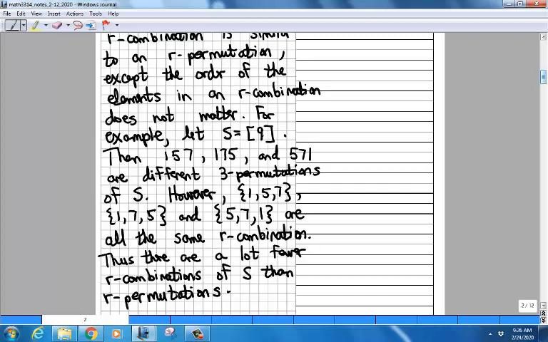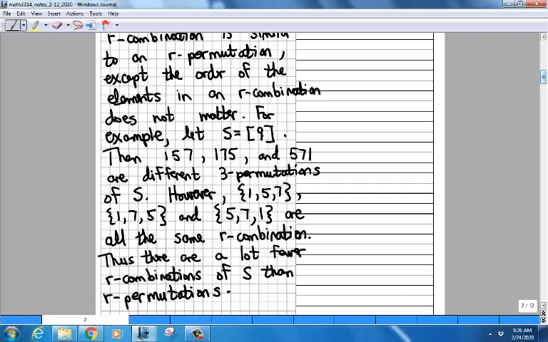For instance, suppose we take as our basis set the integer segment 1, 2, 3, up to 9. Then these are permutations of elements from that set. These are 3 permutations, because you've taken 3 elements of the set and arranged them in a particular order. These 3 permutations are all different, because although they involve the same 3 elements, 1, 5, and 7, the arrangement in order is different from left to right.